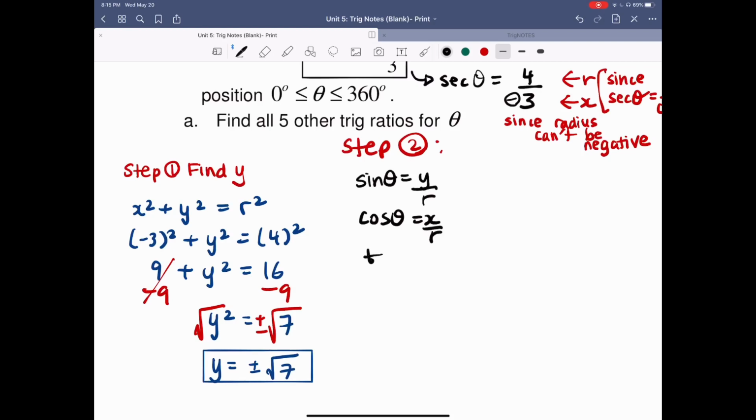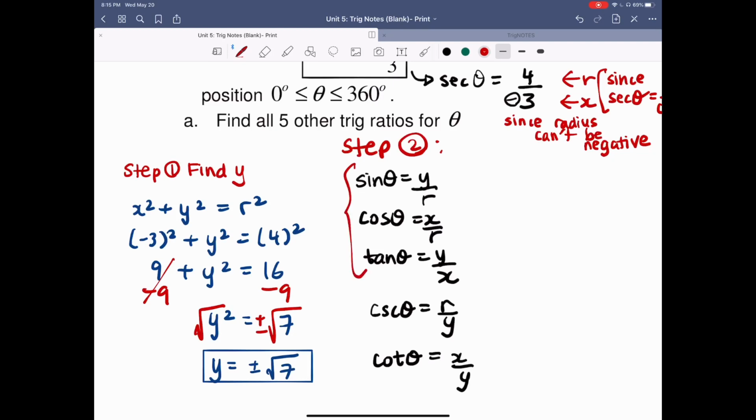Tan theta is equal to y over x. For my cosecant theta, it is the reciprocal of sine theta, so it's simply r over y. For my cotangent, it is the reciprocal of tan theta, so it's x over y. So all of these are my primary trig ratios, and the other ones over here are the secondary.